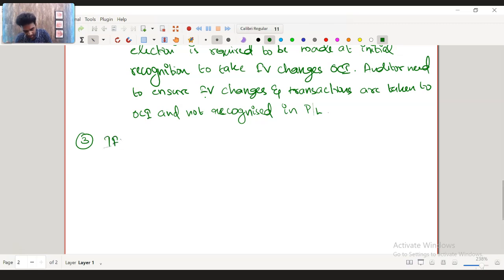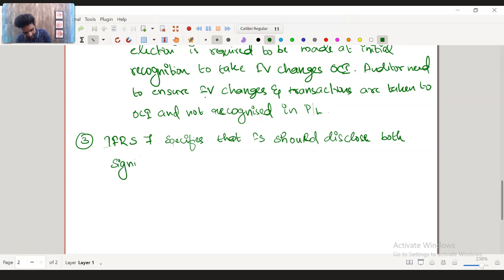So IFRS 7, the disclosures, specifies that the financial statements should disclose both significant influence and the nature of any risk with the financial instrument, with respect to the level of market risk of the shares to wholly.